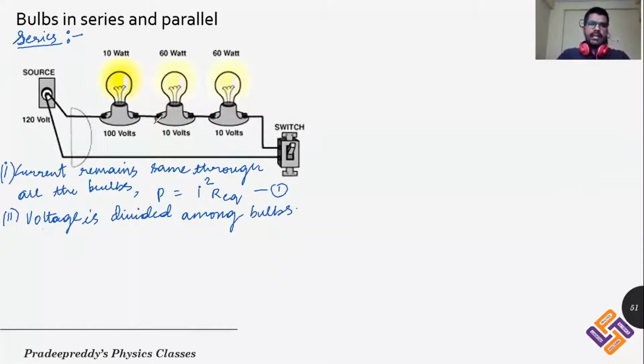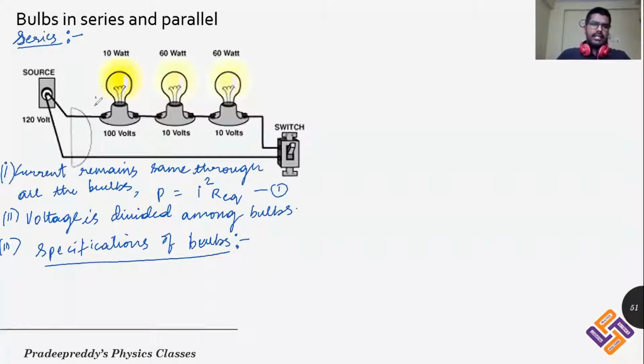Now in this case all three bulbs are connected in series. They have specifications. What do these specifications mean? Specifications of bulbs. Let me consider this as the first bulb, this as the second bulb, and this one as third.